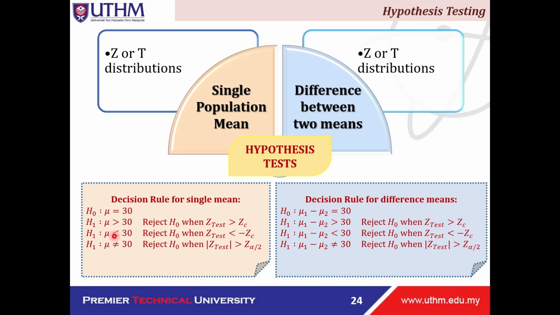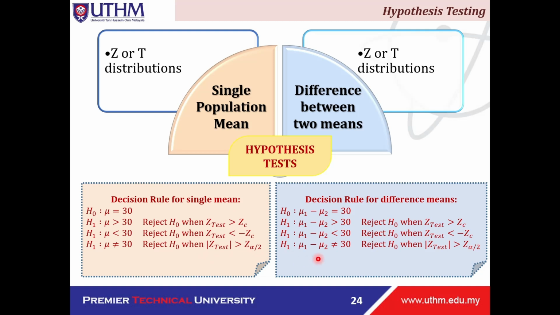For the left tail, reject H null when the Z test or the T test is less than negative of the critical value. If two tail, we reject H null when the magnitude of the Z test is greater than Z alpha over 2, or with the T test and T critical replacing Z.